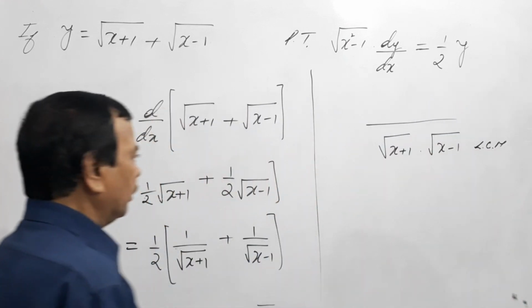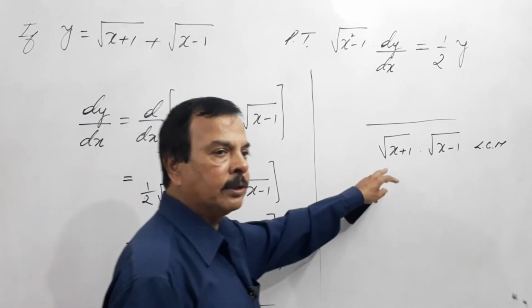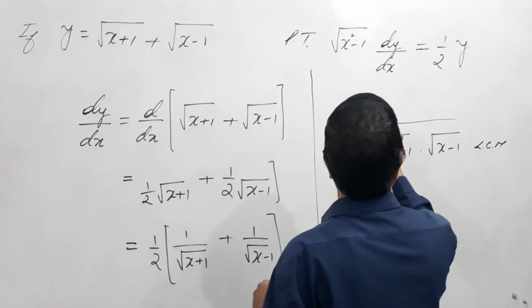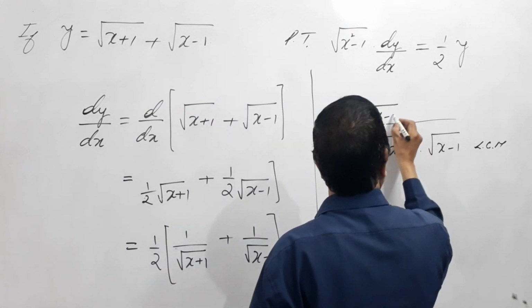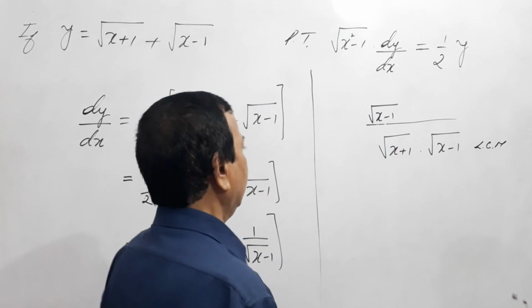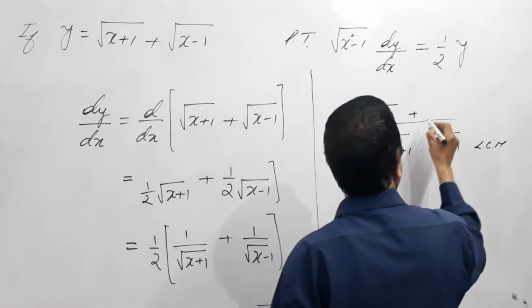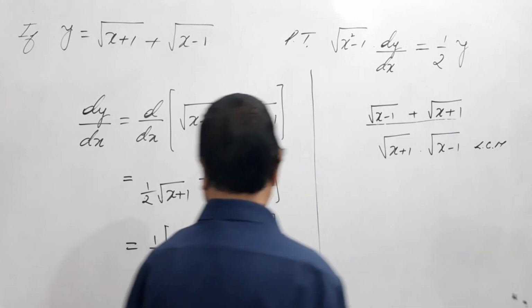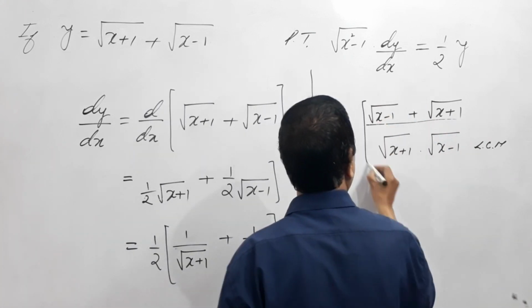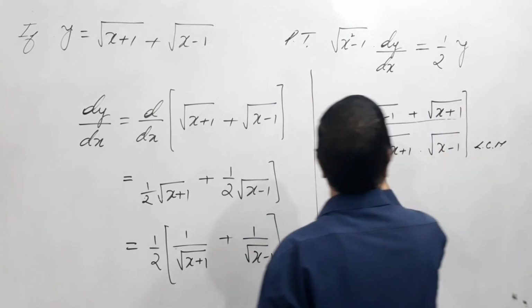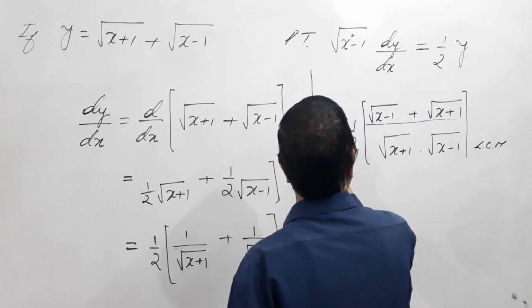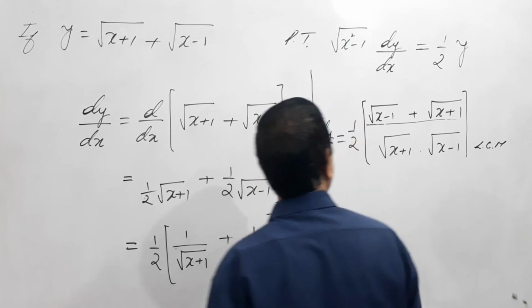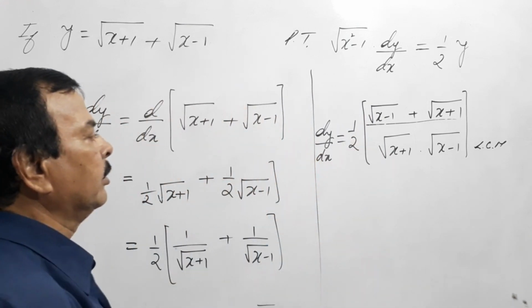Now you divide this: x plus 1 is there, you are not having x minus 1, so this becomes x minus 1. You have a plus sign, put a plus sign, and it becomes x plus 1. You have half here, so take that half, and on the left hand side dy by dx equals this.